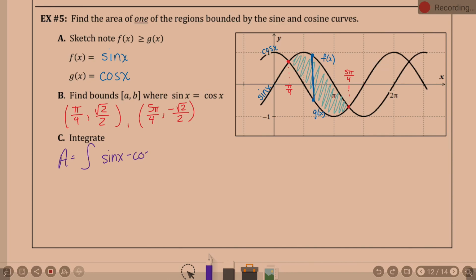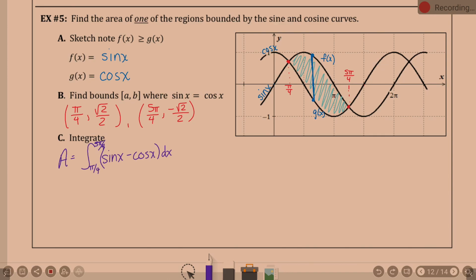Integrated from pi over 4 to 5 pi over 4. Yes, good. Are we all together on that? Yeah. This looks like one we should just plug into the calculator. I agree. On the flip side, it's good trig practice.